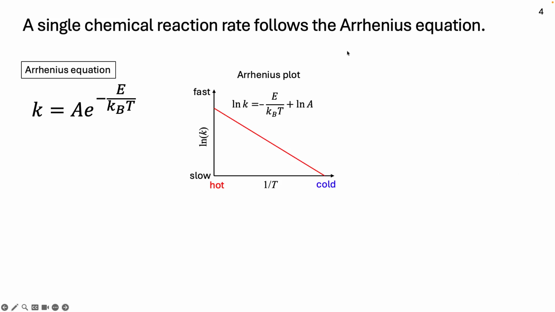It usually changes by fold, right? Do you get the point? So you should get that feeling. In real life, temperature changes by plus minus 3 or 10, right? But the reaction rate itself changes by some fold, a different scale. That's the key point of the Arrhenius equation. You get it? Good.